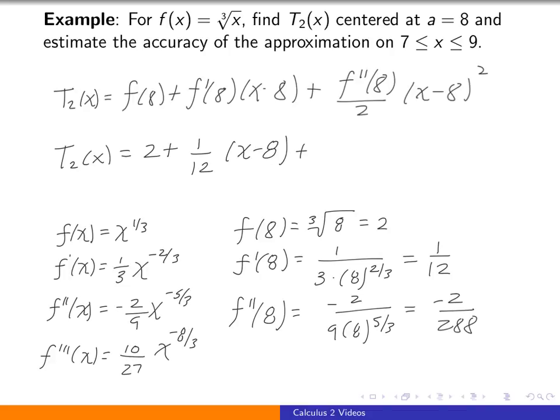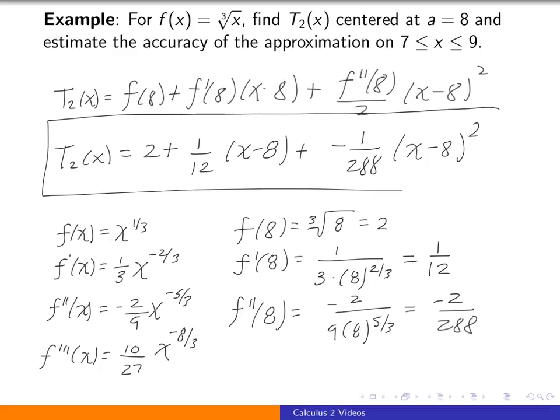And in the formula for the degree 2 Taylor polynomial, we're dividing this by 2, so the 2's cancel, and what we will end up with is subtracting 1 over 288. So this gives us the degree 2 Taylor polynomial. And what remains is to estimate the accuracy of this approximation.